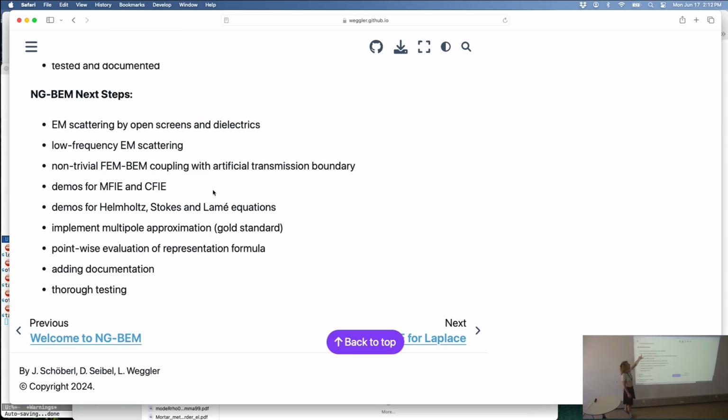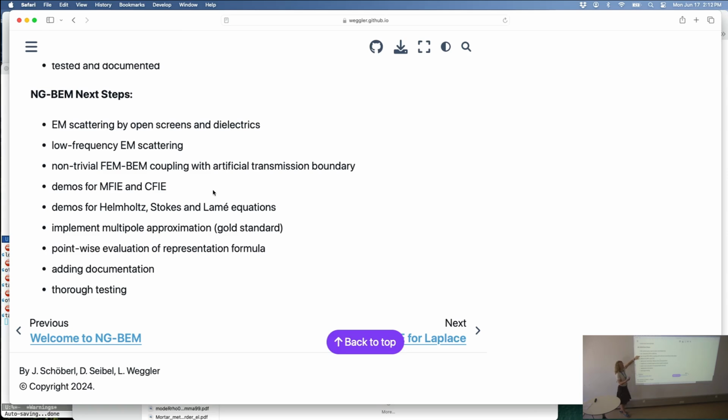That's a hybrid version, because you need also to stabilize the Maxwell's equations with an extra equation for the electrostatic potential. Non-trivial FEM-BEM couplings with artificial transmission conditions. That's wonderful.